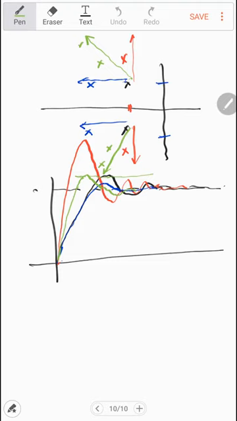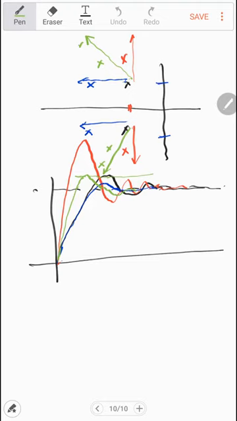But you see, if you want to completely know about the stability of the system, the response of the higher order system, then the root locus will give you the exact information. So it will give you the root locations. Also, it will give you how the roots or the poles will change their location if you increase the gain of the system.